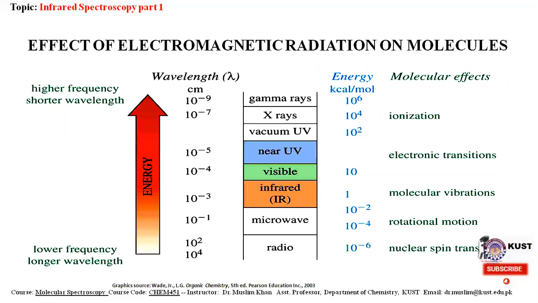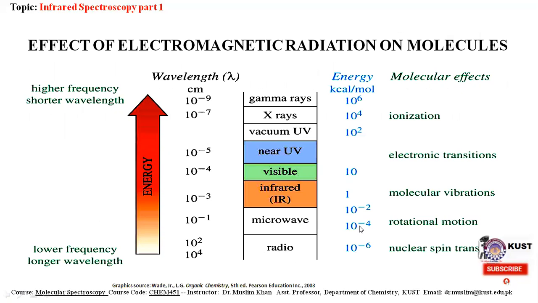This is the division of different rays according to frequency, energy, or wavelength. For example, we have radio waves, and energy increases in this direction.